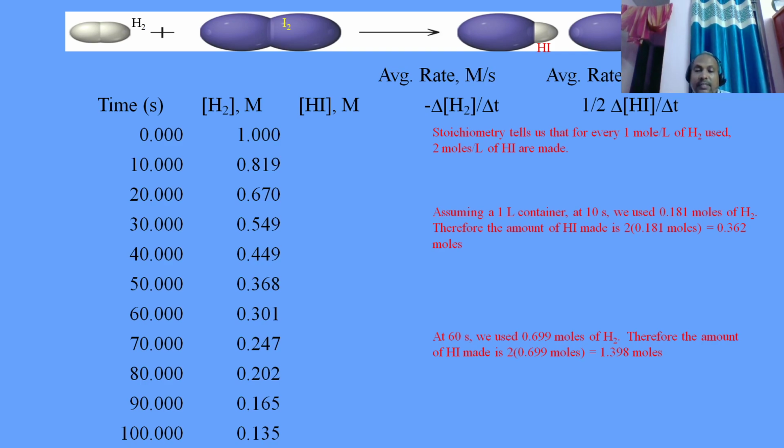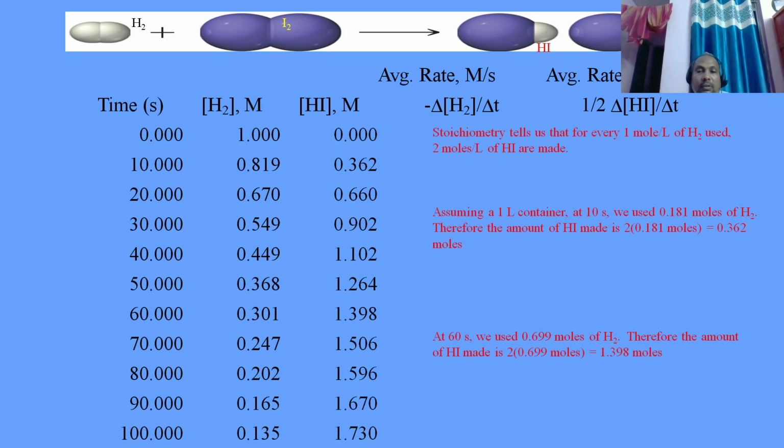Therefore, the amount of HI made will be 2 into 0.699, that is equal to 1.398 mole. And thus we can calculate the rate of formation of hydrogen iodide.